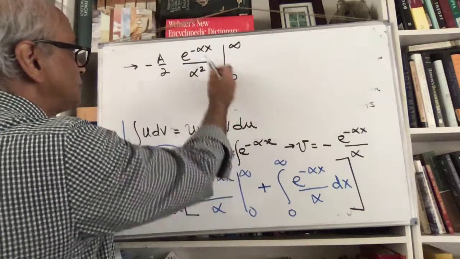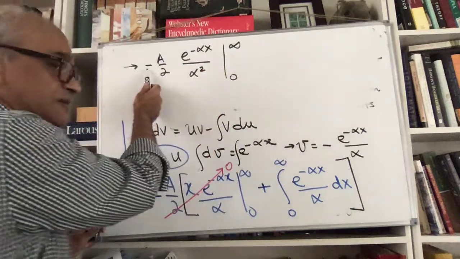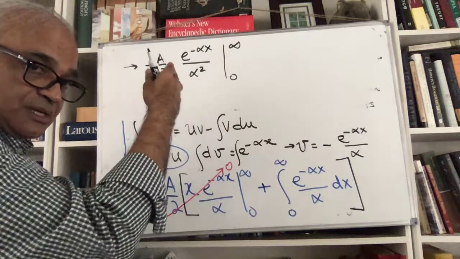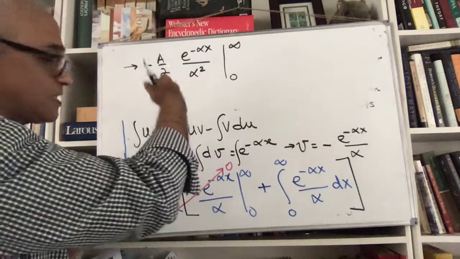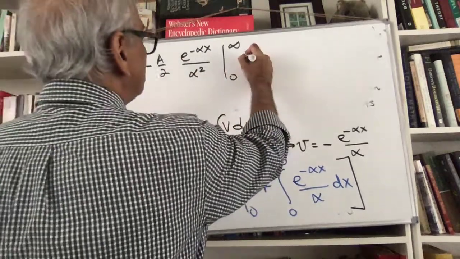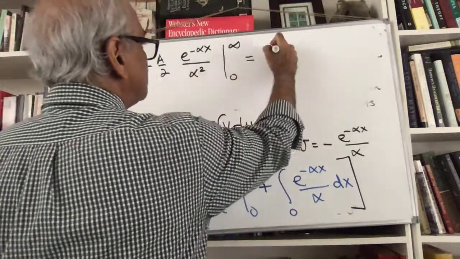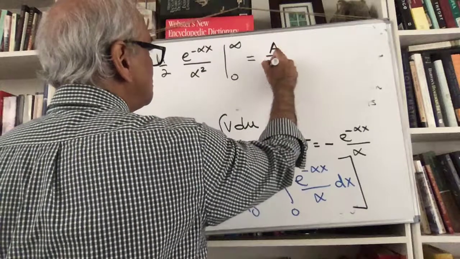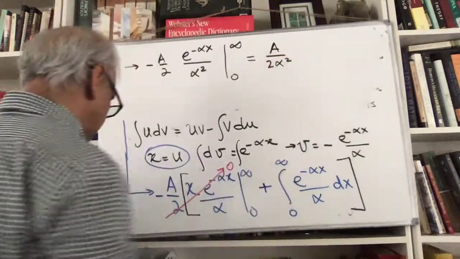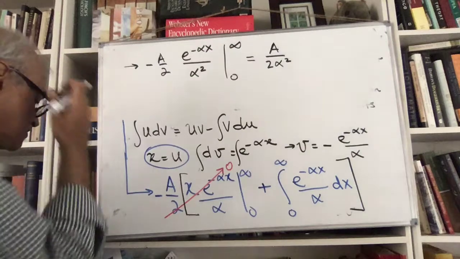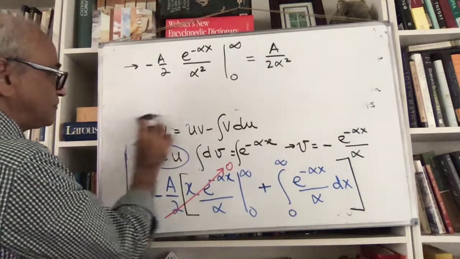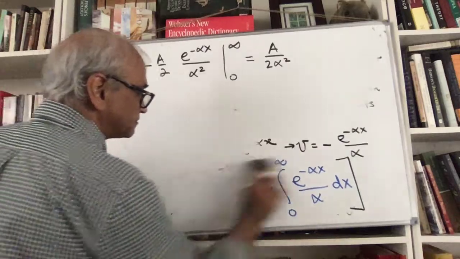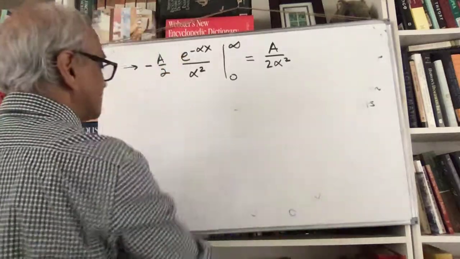But the second term, e to the power 0, will give you 1, and there's a negative in front. So first term minus the second term, so minus minus plus. So it would be simply a over 2 alpha squared. Okay, let's start to put everything in and see what the final result is.